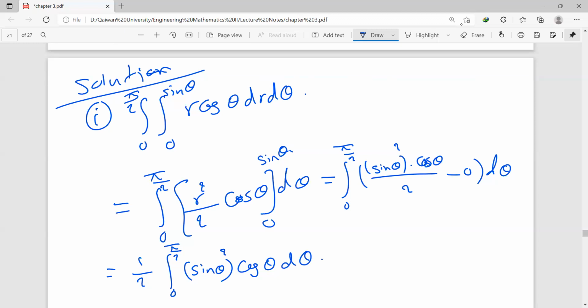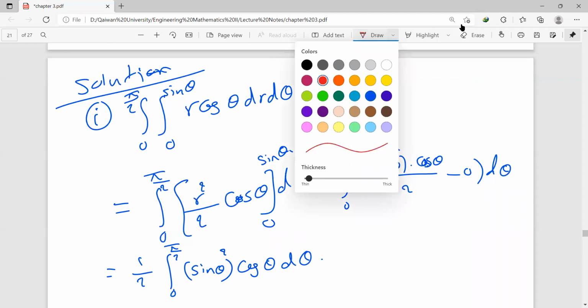Okay. We now find this integration. We have a bracket which is raised to an exponent. Let me use another color for this note.